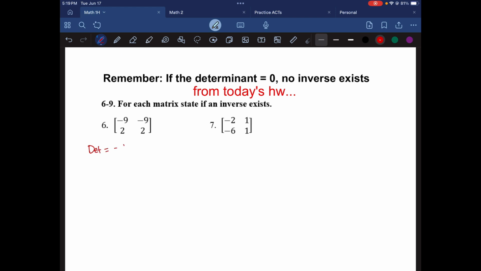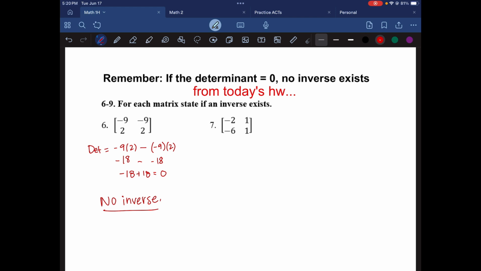Well, it's going to be -9 times 2 minus -9 times 2. -9 times 2 is -18, and subtracting that becomes -18 plus 18. That does equal 0. And if the determinant's 0, that means there is no inverse. We don't even have to keep going. We're all done. Best day ever, okay?